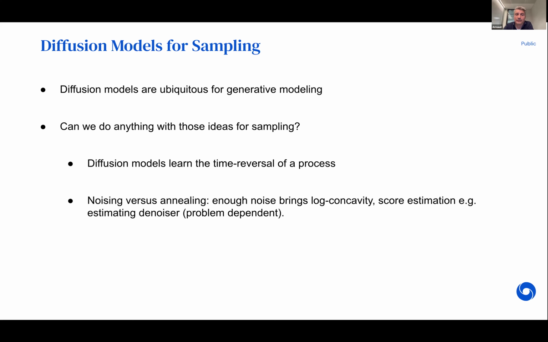Having worked quite a lot on these ideas over the past 20 years, I thought maybe we could combine these techniques with what I know in the sampling context, and that'll be the first part of the talk.